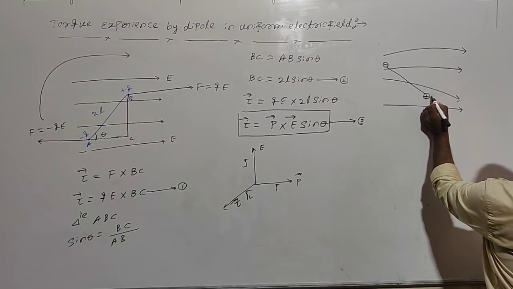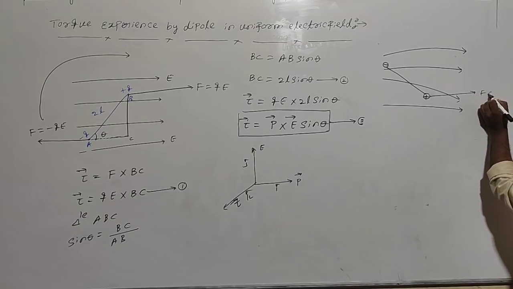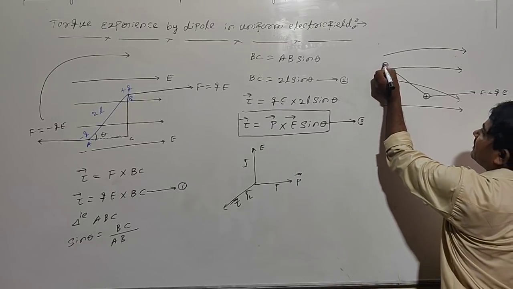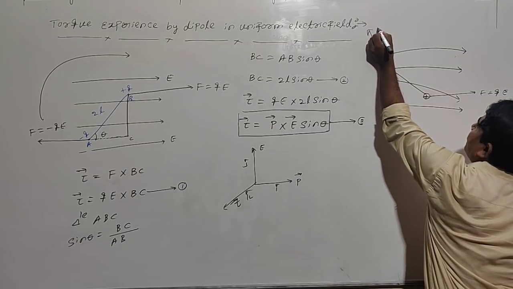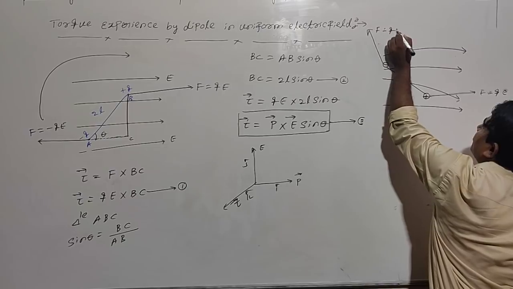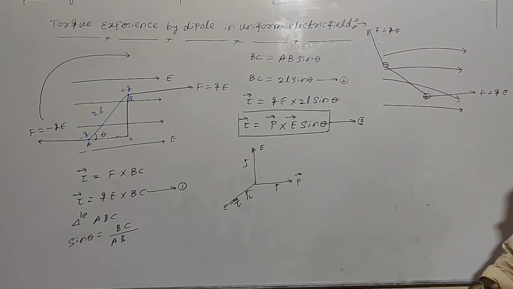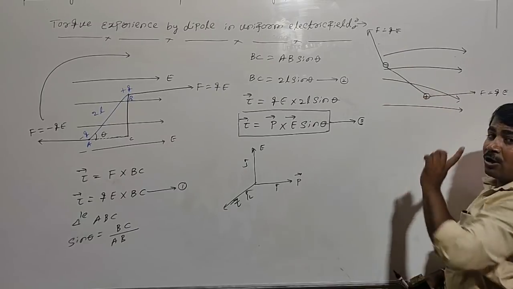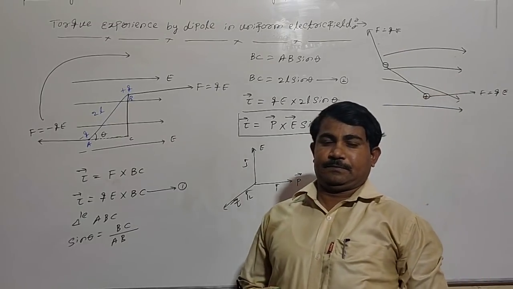See here, this positive charge experiences force F equal to Q into E, moving opposite to the direction of electric intensity. Due to the non-uniform electric field, the net force acting on the dipole is not zero.